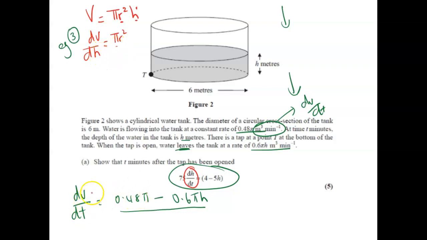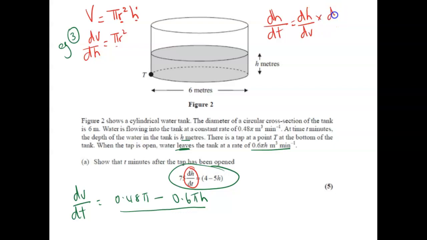Now, since I have dV/dt and I have dV/dh, I could then manipulate and get the dh/dt. So let me do that now. The dh/dt will actually be, what would that be? The dh/dV times dV/dt. Hope you all agree with me, I will be cancelling the two dV's here. So what is my dh/dV? Well, simply it will be the inverse of that value, so that would be 1 over pi r squared, and I'll multiply by dV/dt, which is all of this.